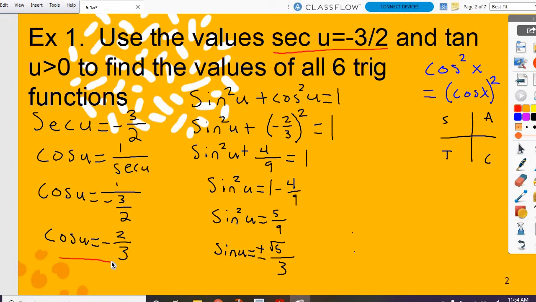So which two quadrants is cosine negative? Well, working so far?